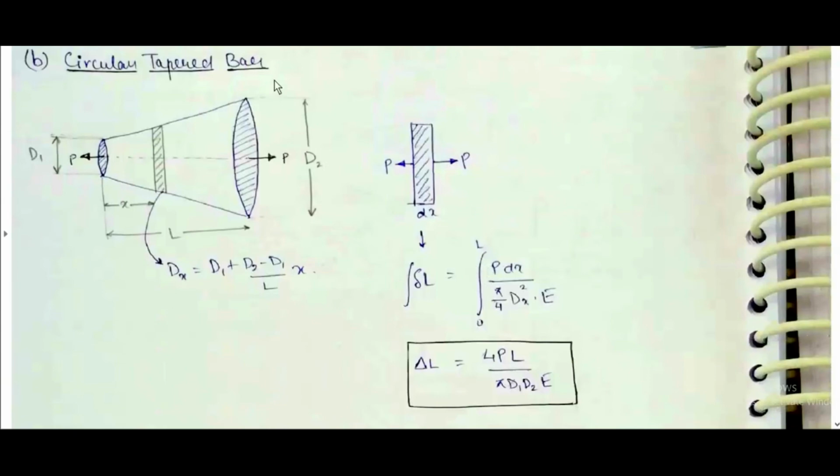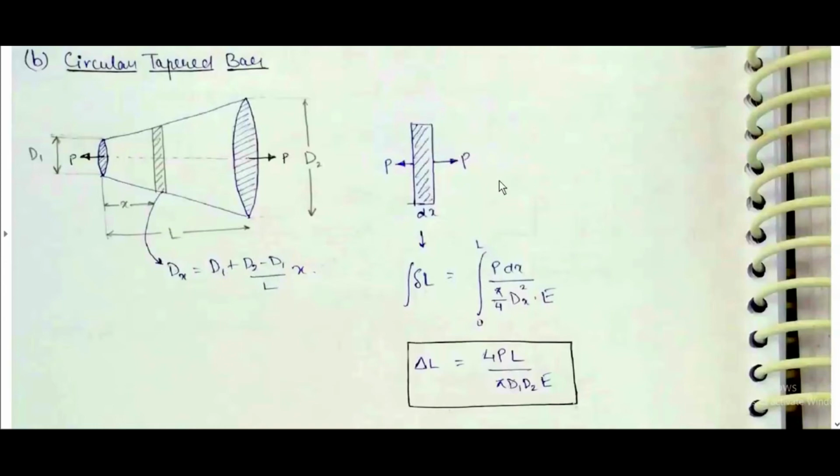Now consider a circular tapered bar, whose diameter varies from D1 to D2. Let's consider a small section at a distance x where the diameter is dx. As the diameter is increasing linearly, dx is equal to d1 plus d2 minus d1 by L, whole into x.